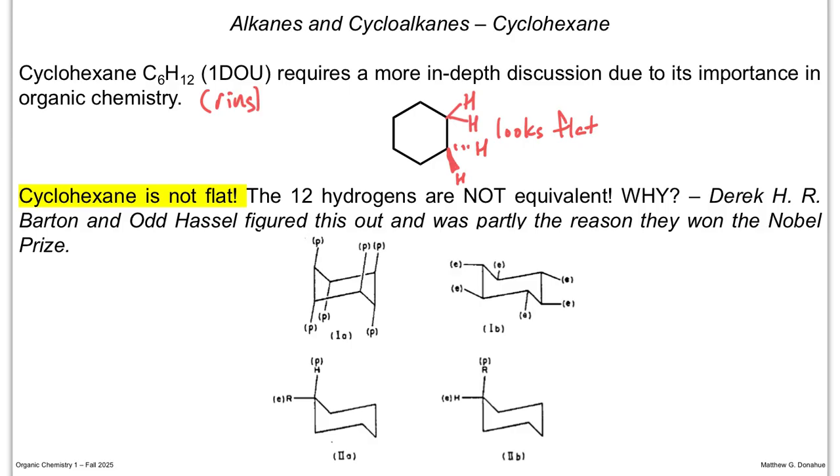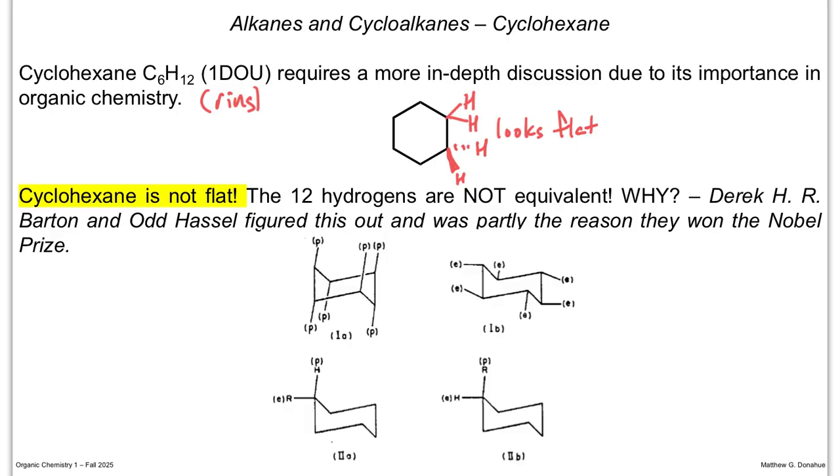So the structures that you see here on the bottom were ripped from a paper by Derek Barton, who first described this stuff, and along with another scientist, Odd Hassel, won a Nobel Prize for figuring this out.